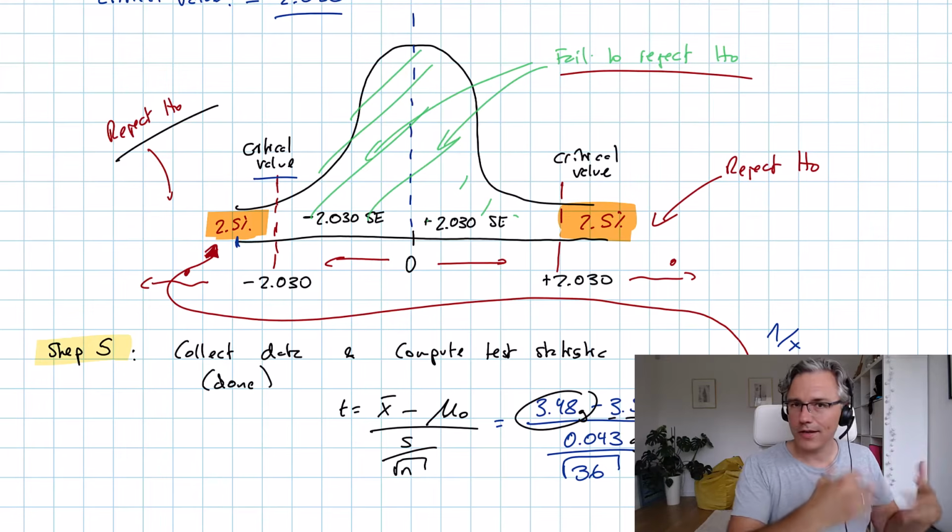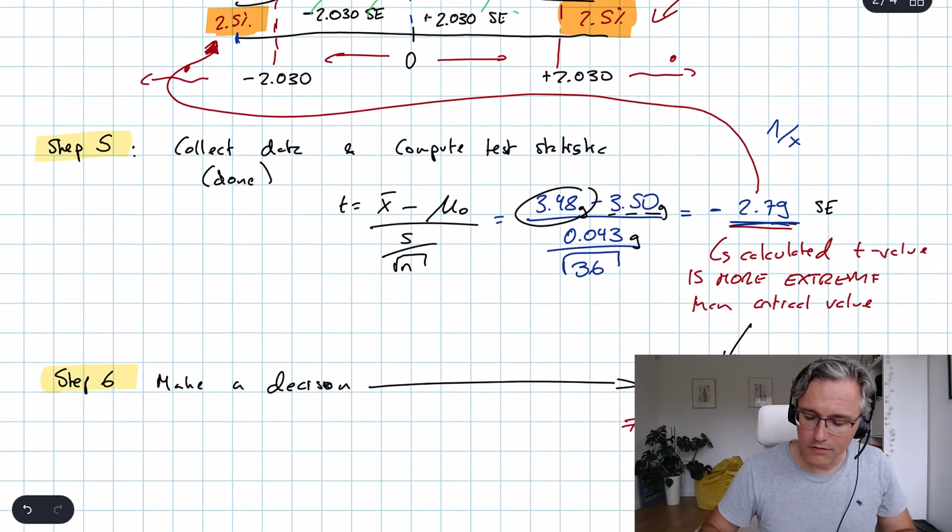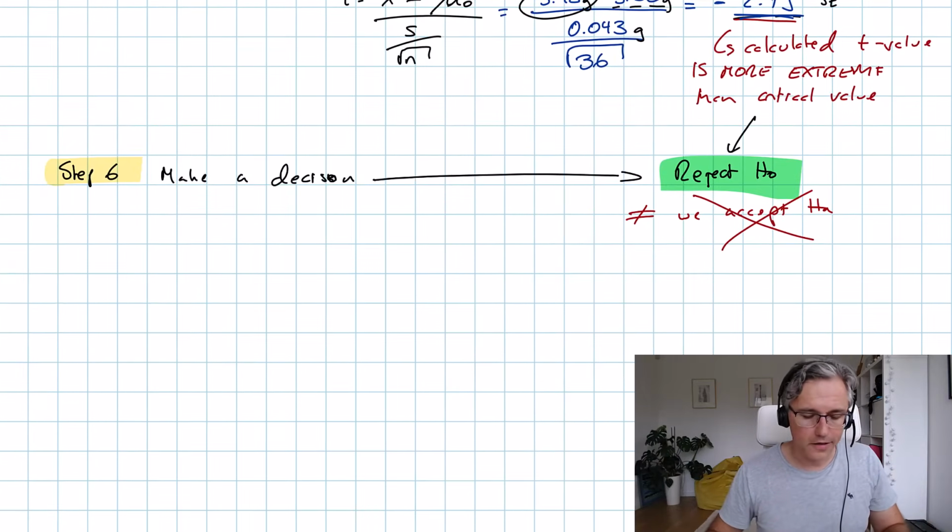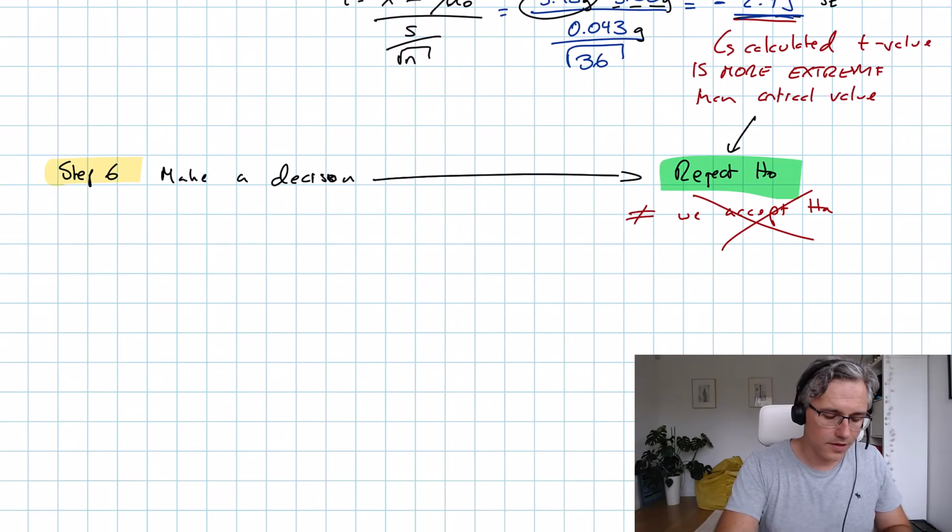So we could have rejected the null hypothesis at an even finer level of significance.